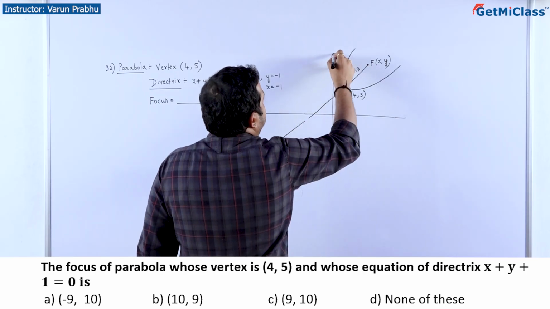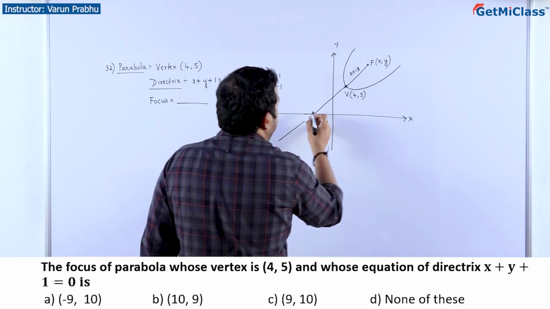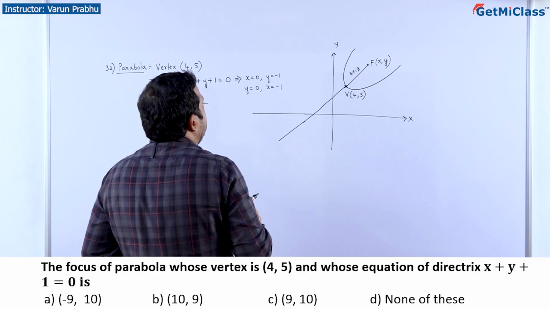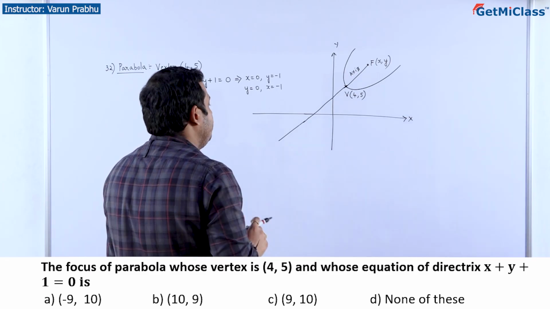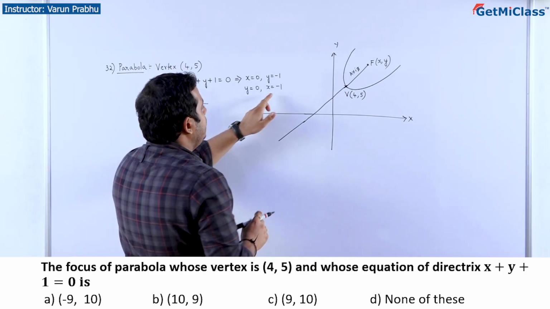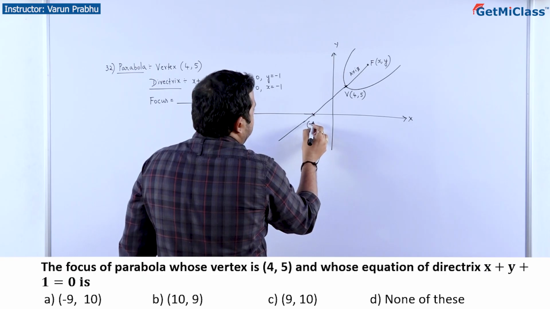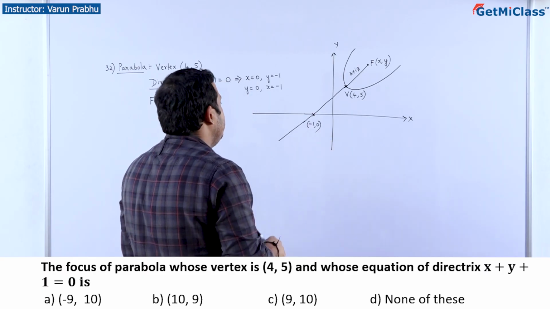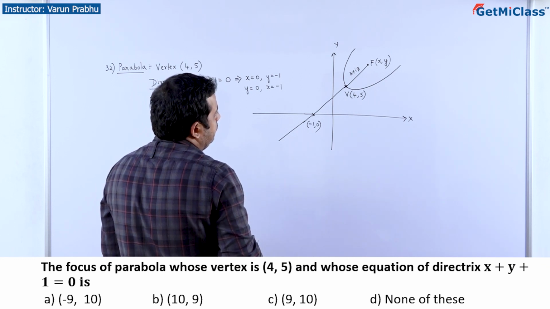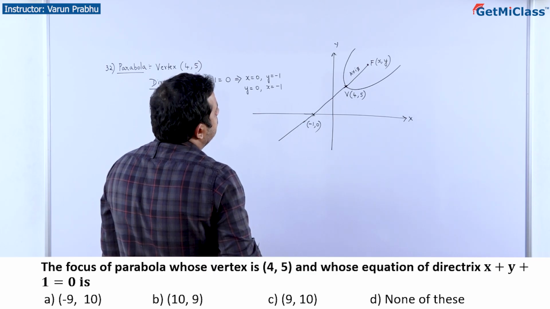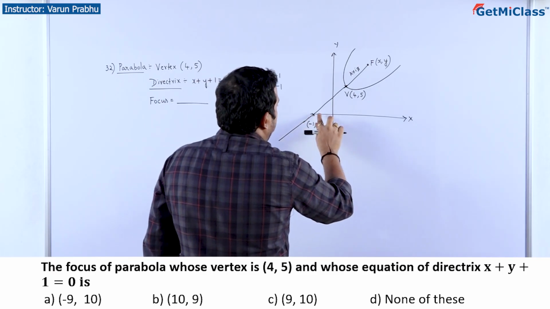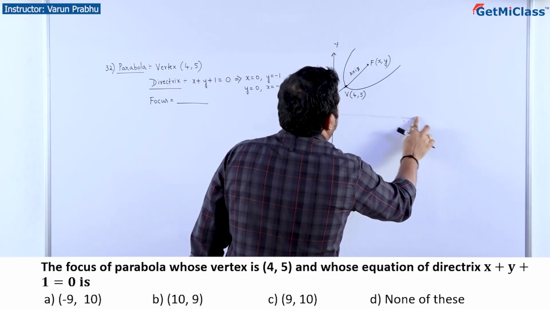If I write this as the y axis and this as the x axis, the directrix will pass through (minus 1, 0) and (0, minus 1). This point is (minus 1, 0), and this line will pass like this. When x is 0, y is minus 1, so I can draw this point here.